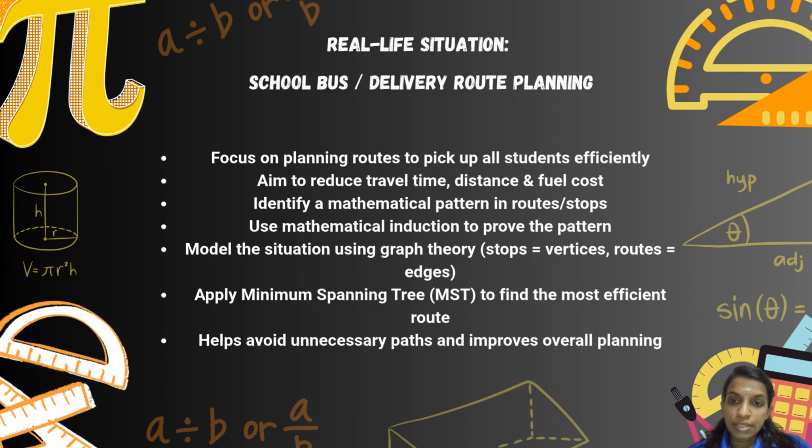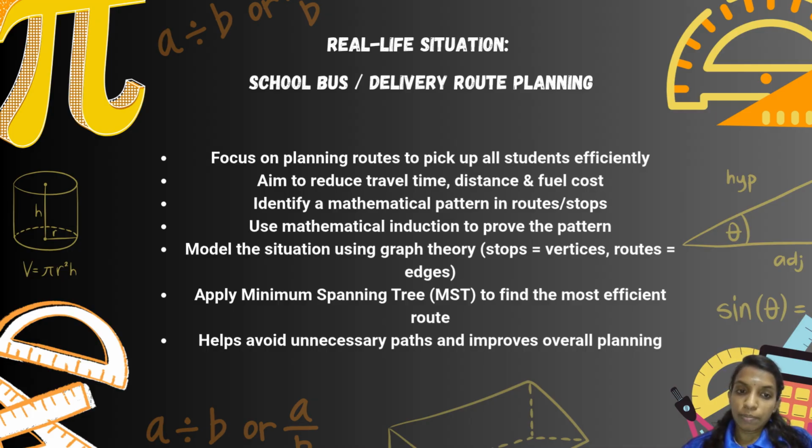Okay, next for this part, we focus on the real life situation, which is school bus or delivery route planning. The main goal here is to plan routes efficiently so that all students can be picked up while reducing travel time, distance and fuel cost. First, we identify the mathematical pattern in how the stop routes increase.